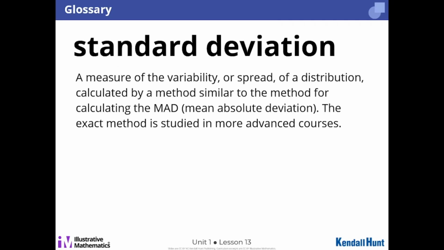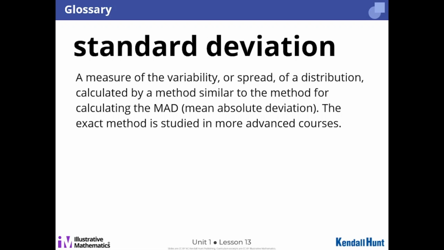We have a vocabulary term, standard deviation. This is a measure of the variability or spread of a distribution calculated by a method similar to the method for calculating the MAD, or mean absolute deviation.